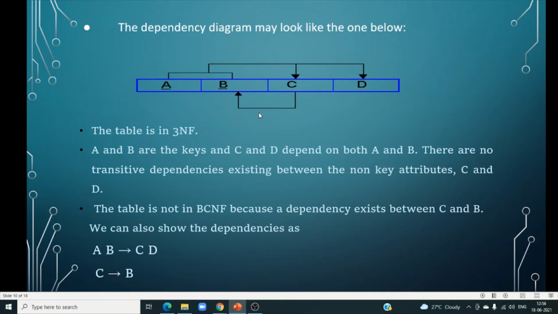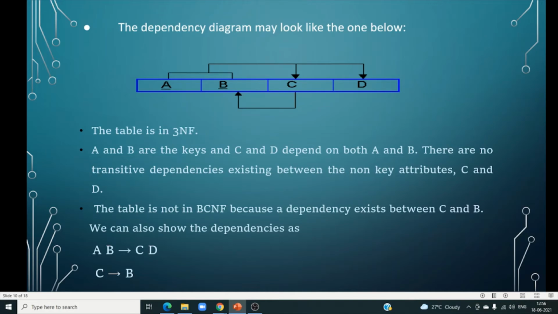The non-key attribute C determines B, and B is a key attribute. This table is in third normal form because there is no transitive dependency, but there is a dependency where a non-key attribute determines a key attribute.